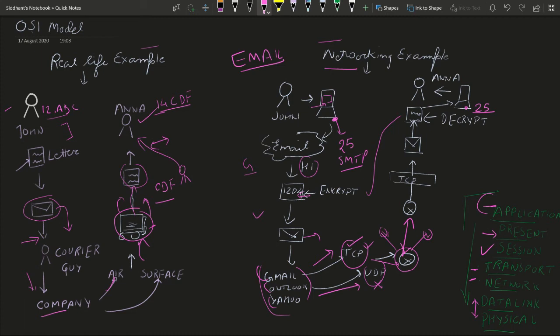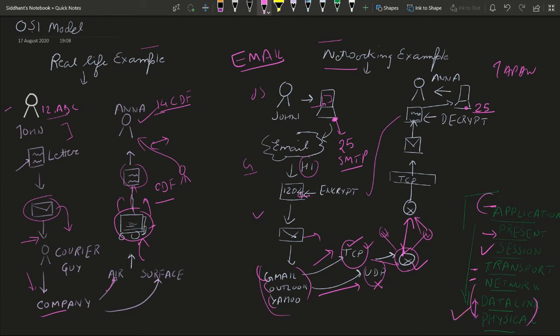Suppose Anna is in Japan and John is in the US, so there are lots of routers between those two countries. The router closest to John's computer will decide the best path to send the data efficiently, and it will send the data over to the physical layer.